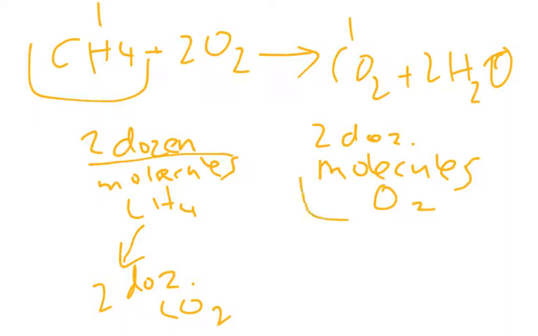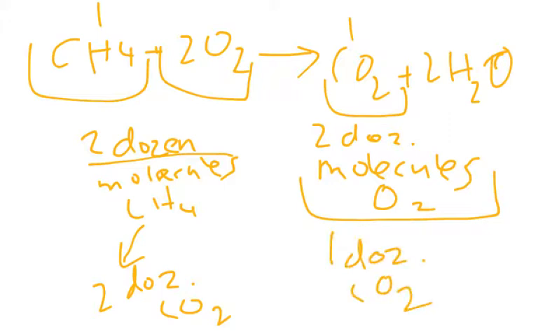Now 2 dozen molecules of O2 can produce 1 dozen molecules of CO2 because for every 2 molecules of O2, 1 molecule of CO2 is produced. So it's a 2-to-1 ratio. We can even do the math.